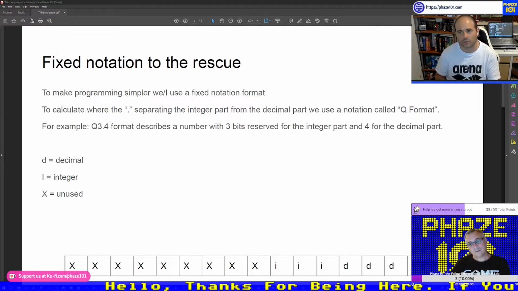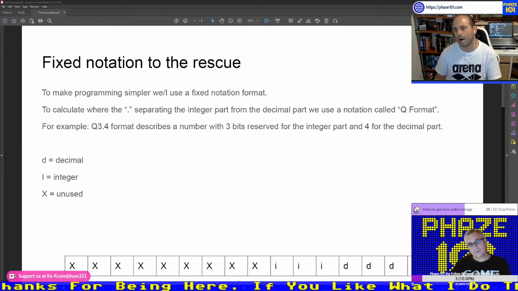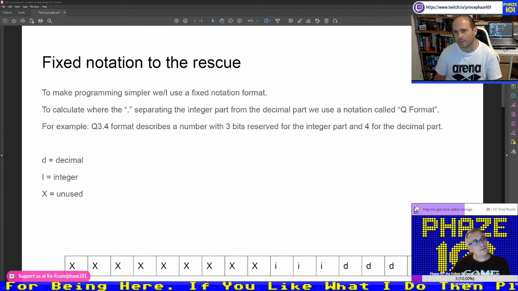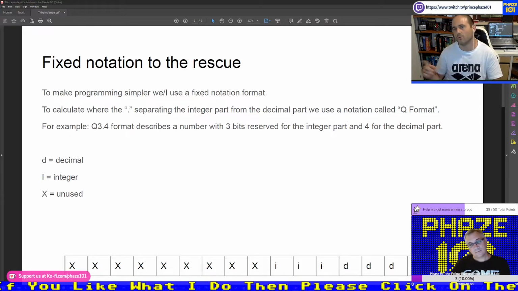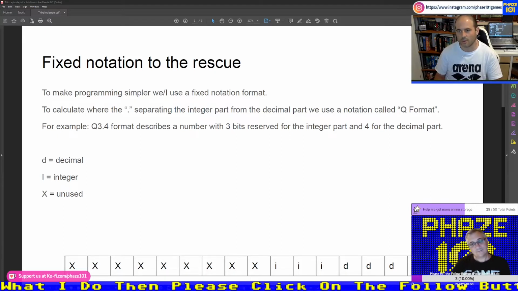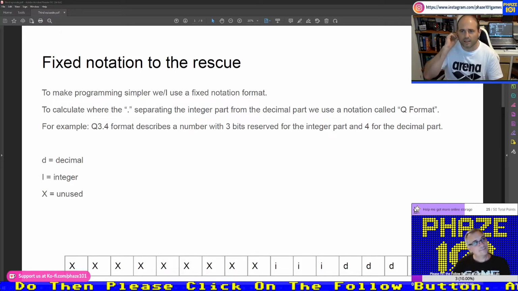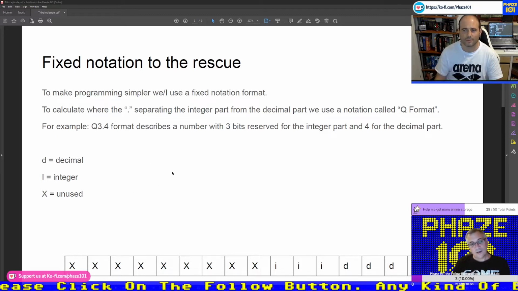You can't use 0, 1, 2 as an exponent. You must do 2 to the power of minus 1, which is 0.5, plus 2 to the power of minus 2, and so on. But I think in the next slide, I will do a real conversion.